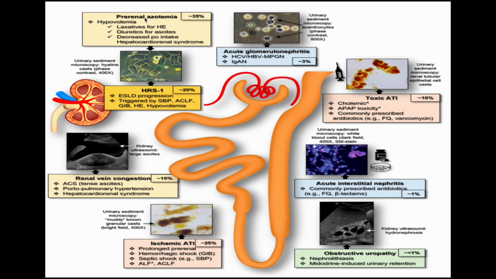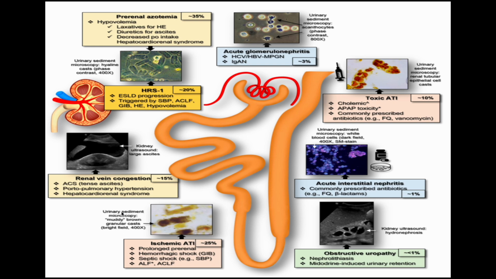So this prerenal azotemia staying for a long period of time uncorrected will result in ischemic acute tubular injury. And it can be also seen in cases where the patient has upper GI bleeds resulting in hemorrhagic shock, or spontaneous bacterial peritonitis resulting in septic shock, and also acute on chronic liver failure. In all these cases, you will have ischemic acute tubular injury, and this is quite high, around 25%.